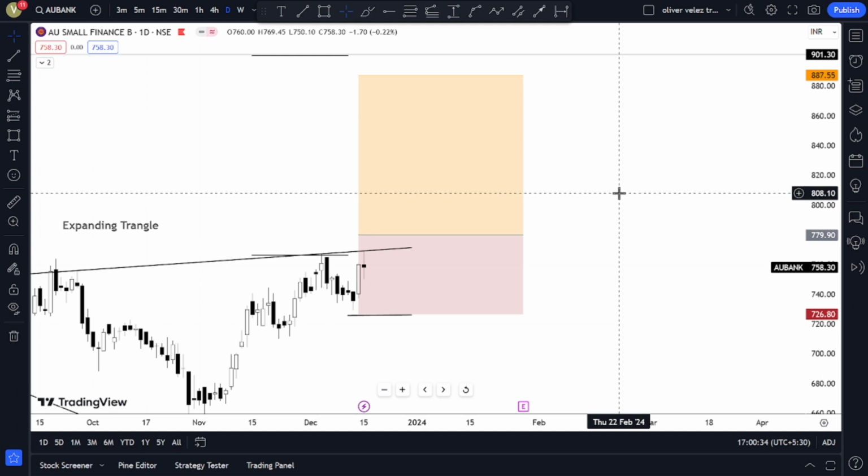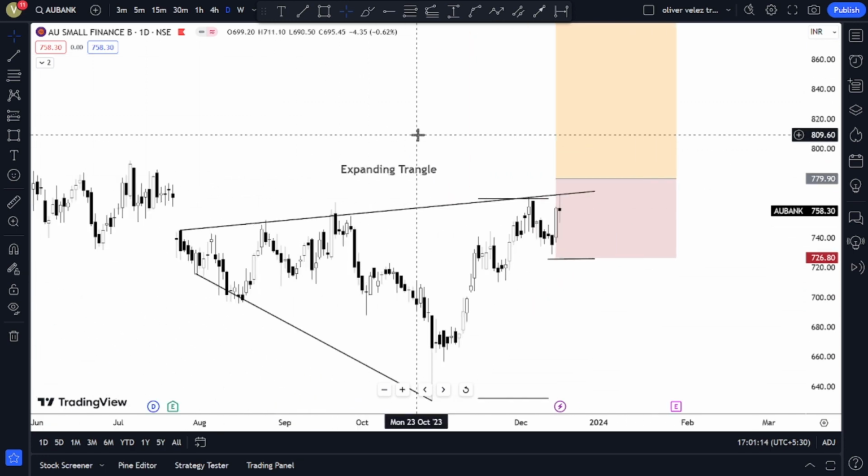So wait for the breakout and wait for all the conditions. Look for a perfect candle, enter the stock, place a stop loss, then ride it up until the trend ends. That is the main goal of trading. So guys, this is our stock.